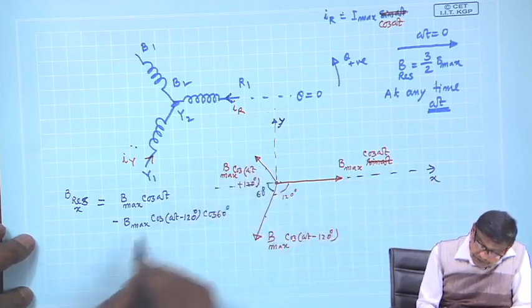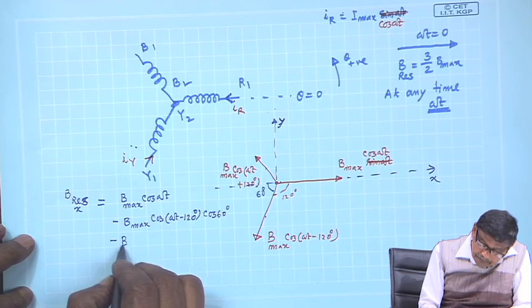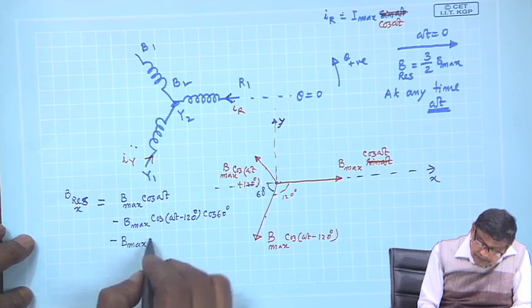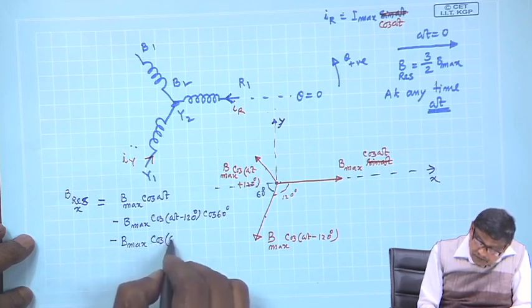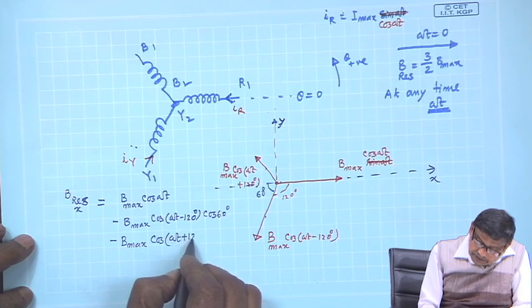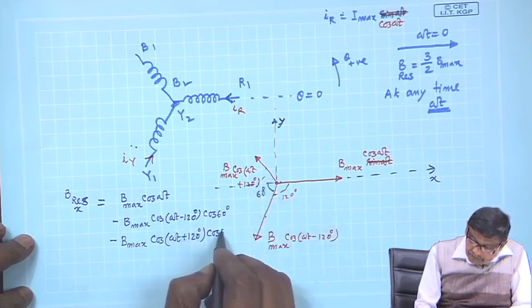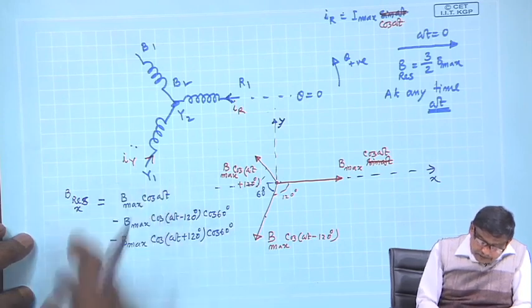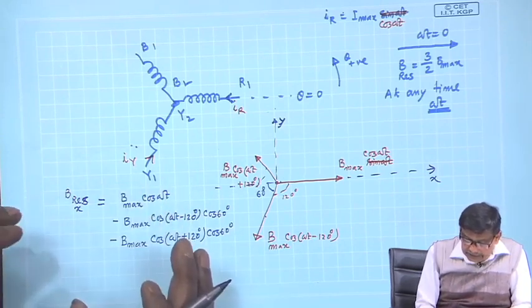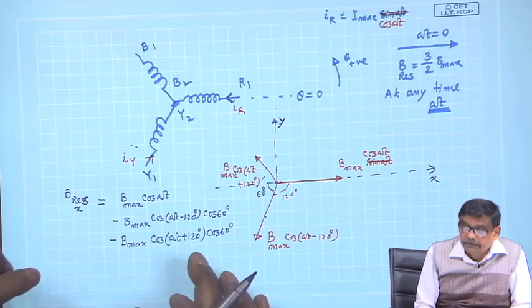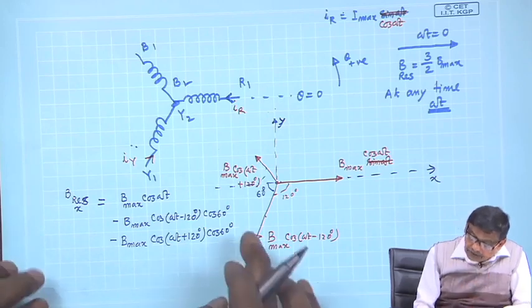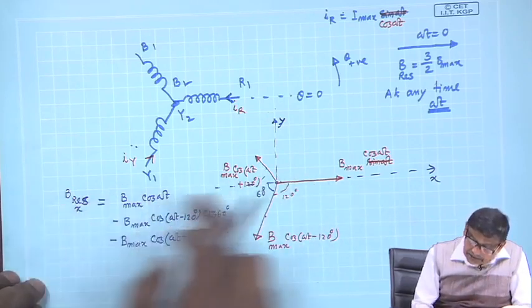Similarly, for this component, minus B max cosine omega t plus 120 degree into cosine 60, and this must be the resultant field x component, because the constituent vectors of B resultant are these.